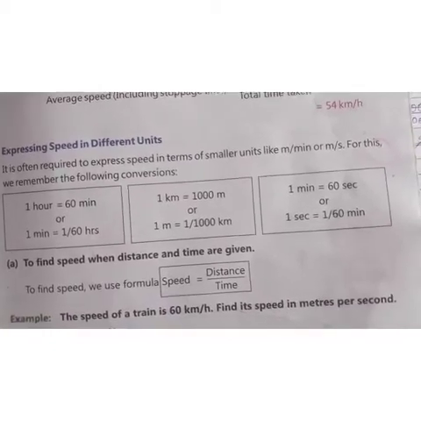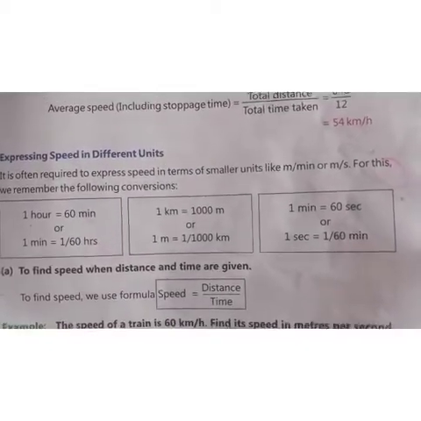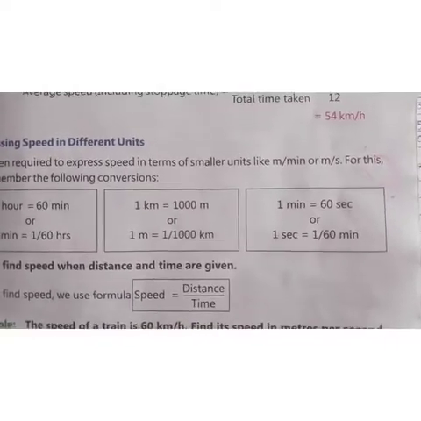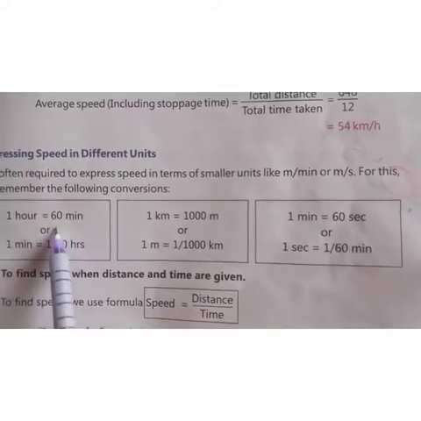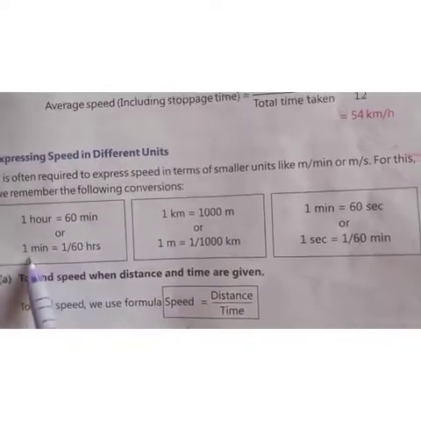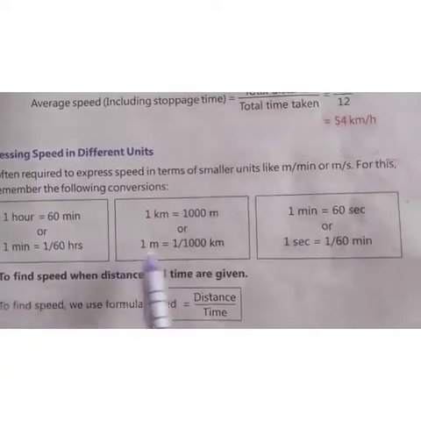So children, we have some units where we need to express the speed in terms of smaller units or in terms of larger units. So 1 hour is equal to 60 minutes, or you can also write 1 minute is equal to 1 upon 60 hours.